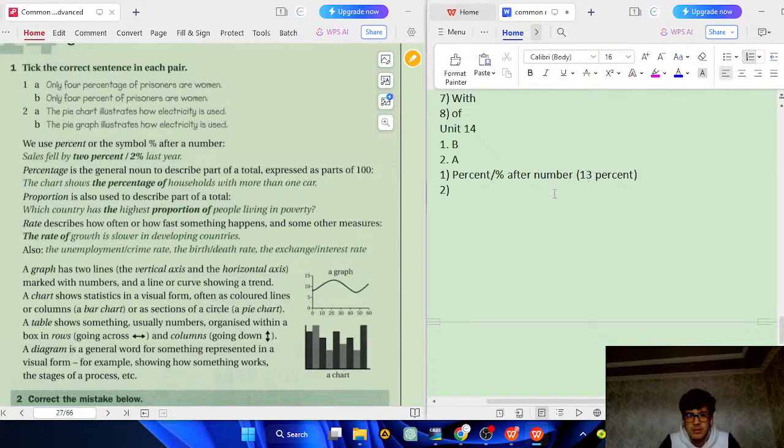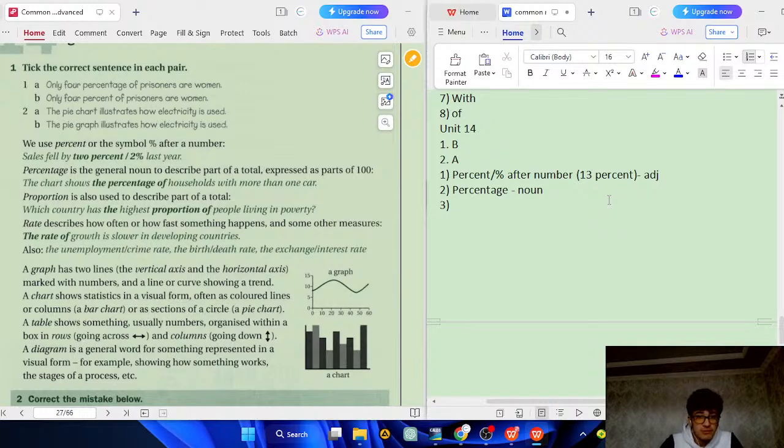Sorry. Percentage is the general noun to describe part of the total expressed as parts of 100. The chart shows percentage of households with more than one car. Percentage is noun, and this is adjective, right? Noun. Okay.